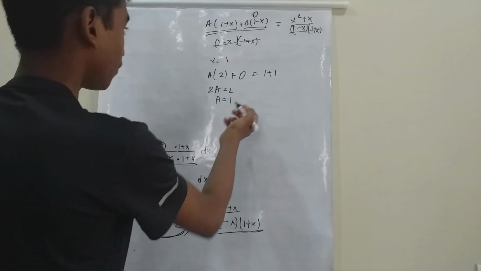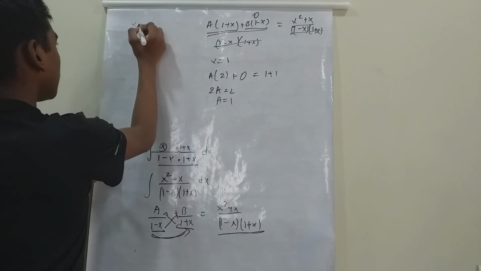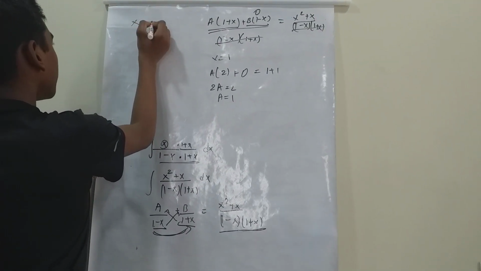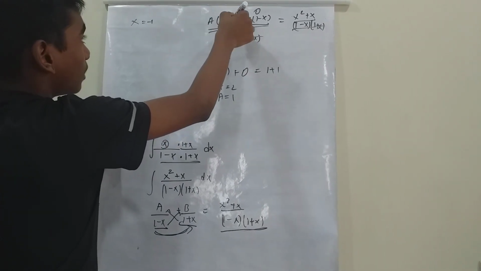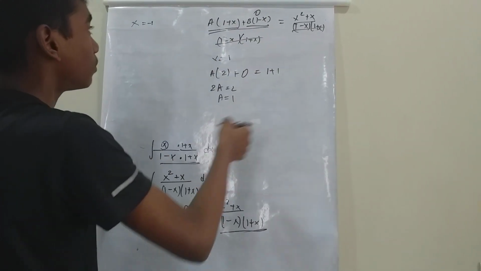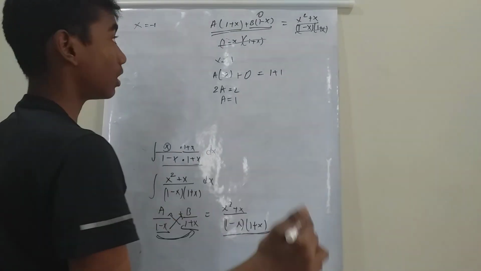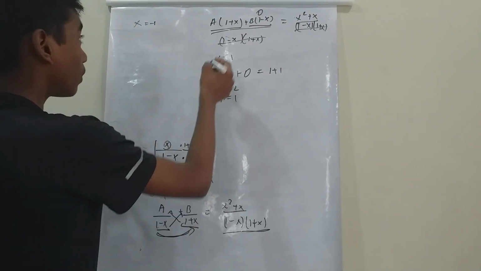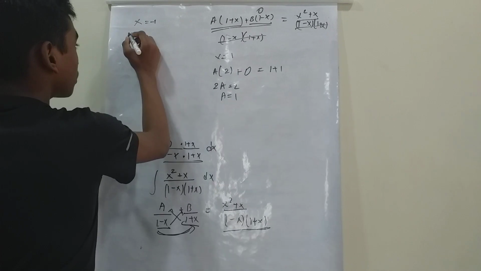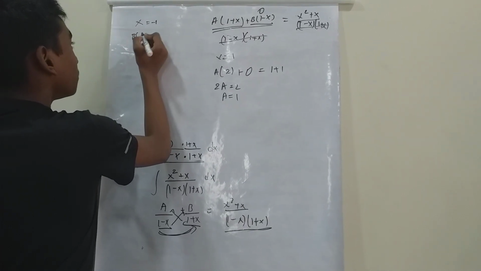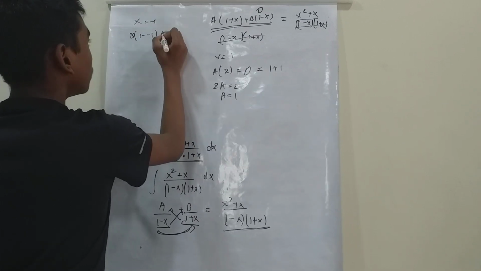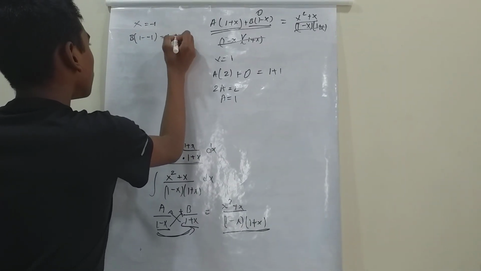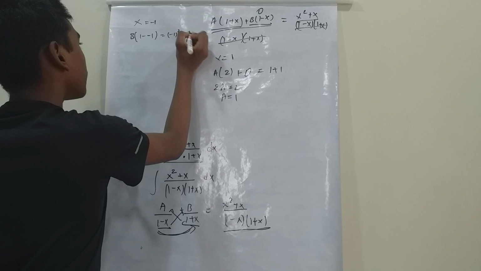So we've got to solve for b. Now let x equal minus 1. So then when I add 1 minus 1, I get 0. So that's not going to be an a. I'll get a b, so b times (1 minus minus 1), that is 1 plus 1, equals (minus 1) squared plus (minus 1).